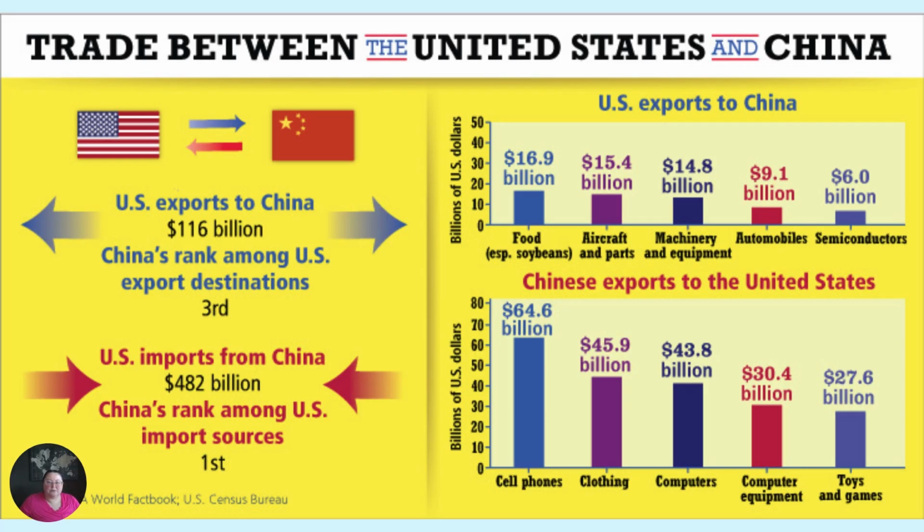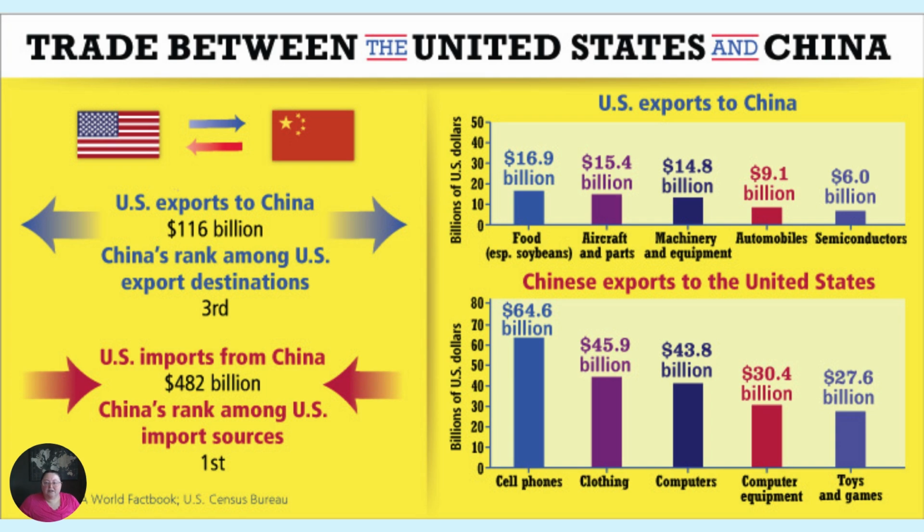Let's look at trade between the United States and China. The U.S. exports to China about $116 billion, and China is ranked third among U.S. export destinations. The U.S. imports about $482 billion worth from China, and China's rank is first among U.S. imports.